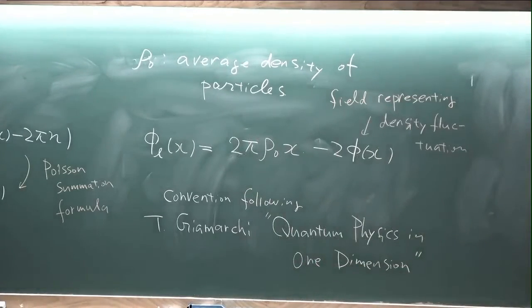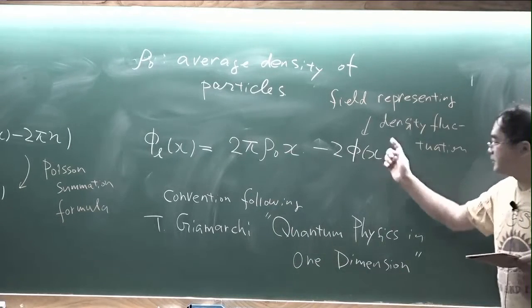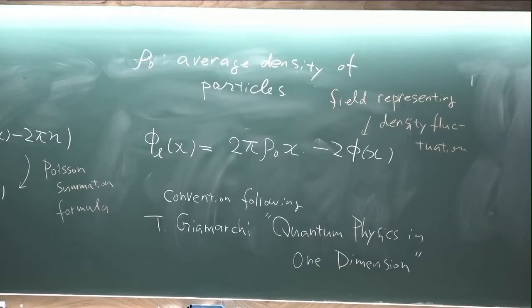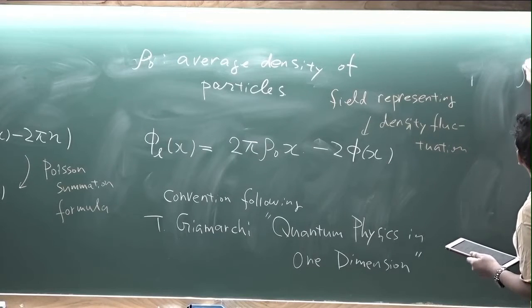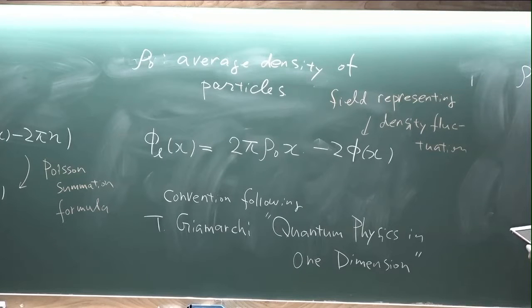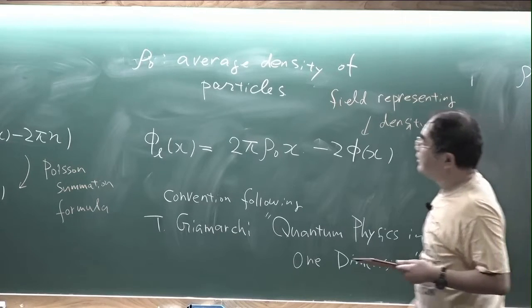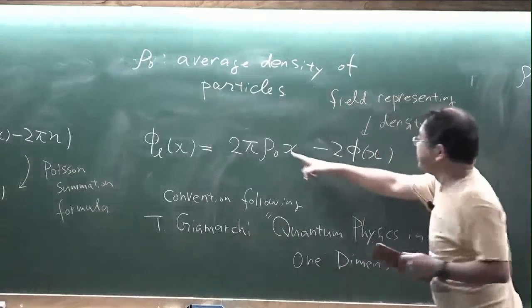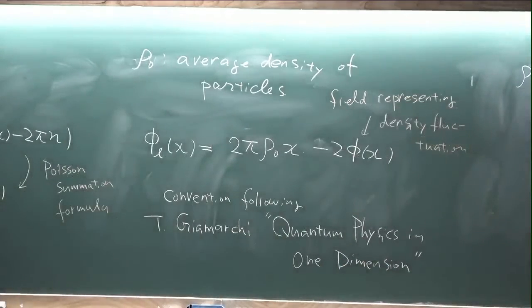So this is just rewriting the same thing using the new field phi, but still later it becomes important. So in terms of this new field phi, the density rho x can be given as, because if you take derivative, you first pick up this term, which gives you constant.